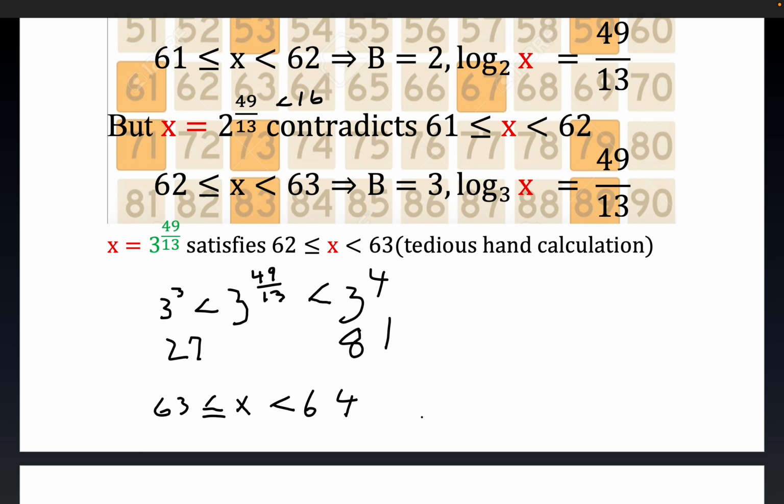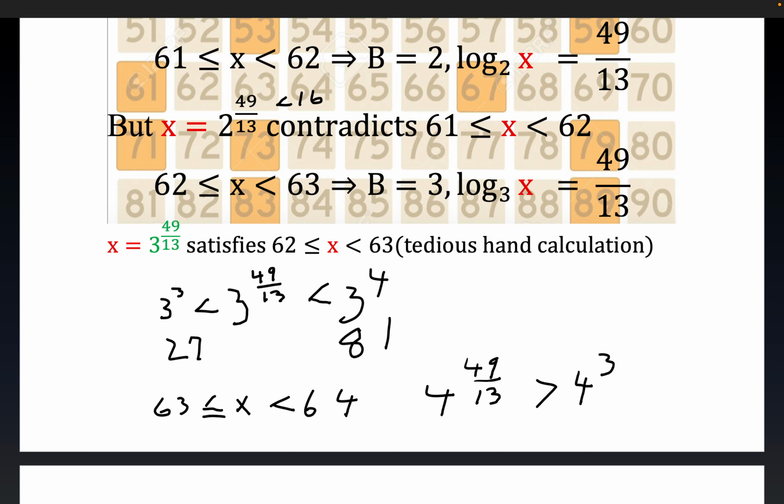This would have a floor of 4, so you would be talking about 4 raised to the 49 over 13. It's crystal clear that this is way too big. This would be at least 4 cubed, which is 64, and it's much greater than that, because 39 over 13 would correspond to 4 cubed.